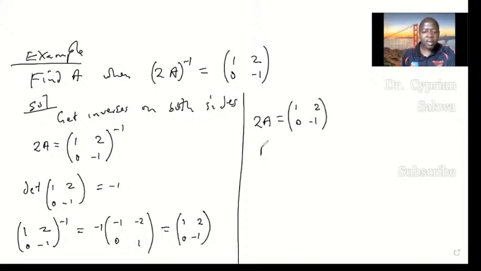So that means A, dividing both sides by 2, would give us a half, 1, 0, and negative a half. So that is our A. Now let me give you some questions for you to try before we proceed with other examples.